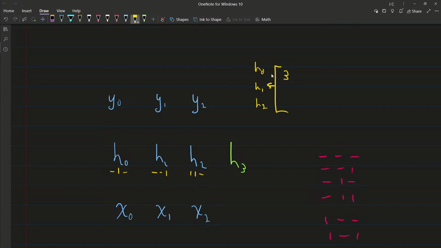It would be something like -1, 1, and then the bias would be, in this case, 1, I think. Maybe this should be a 2.